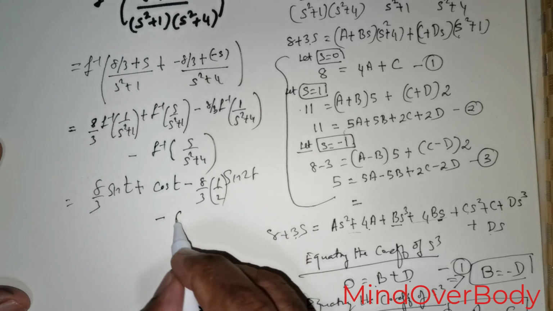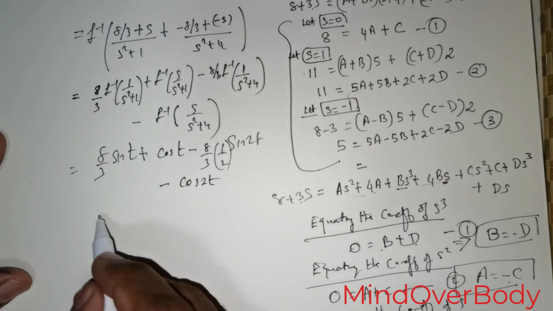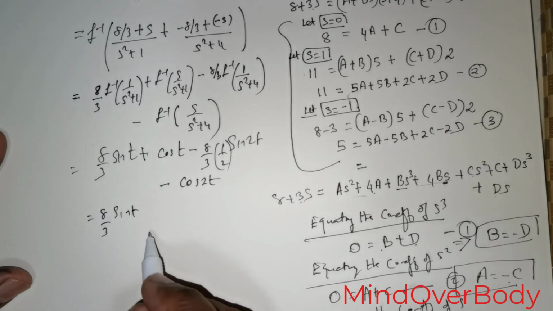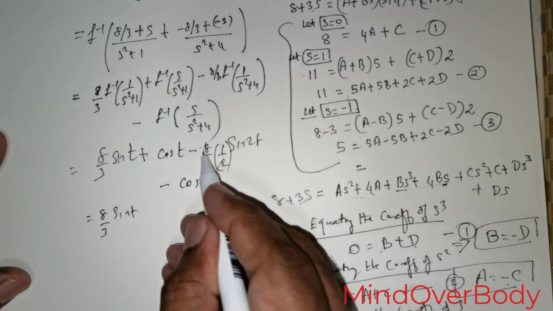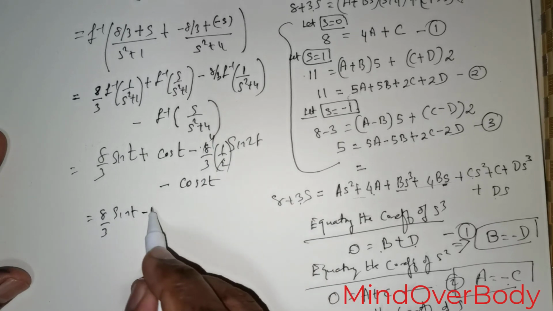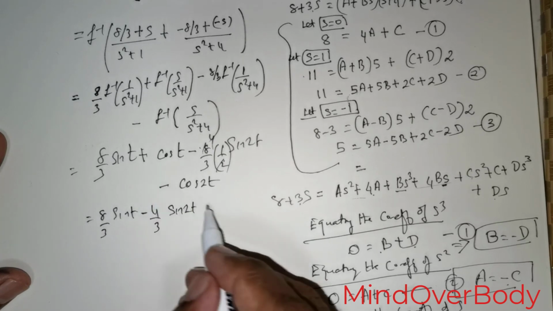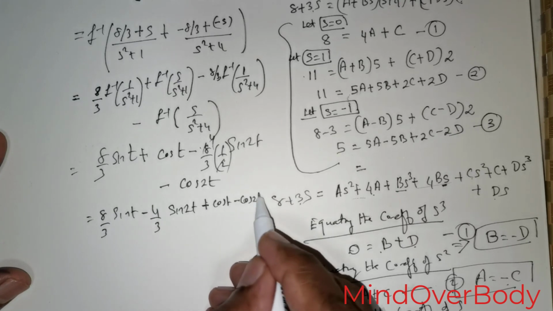Negative, this is going to be 2 squared, so this is going to be cos 2t. So if I were to rewrite this, this is going to be 8 over 3 sine t followed by 2 divides here 4 times, so negative 4 over 3 sine 2t followed by cos t and cos 2t.